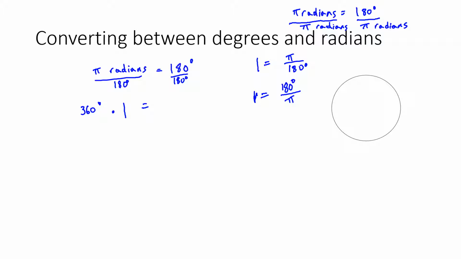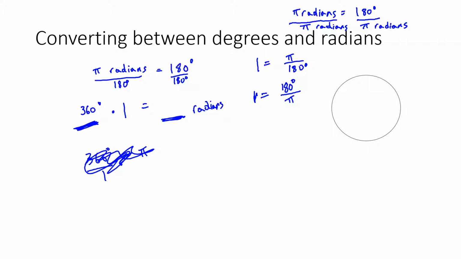So if we want to get radians on this side, let's put this 360 degrees over 1, and we're going to multiply it by pi radians.